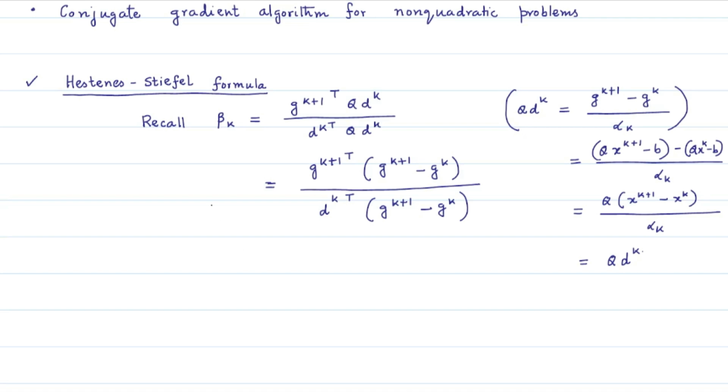Two more modifications of the expression of beta_k in terms of the gradient evaluation are as follows. The other one is the Polak-Ribiere formula.